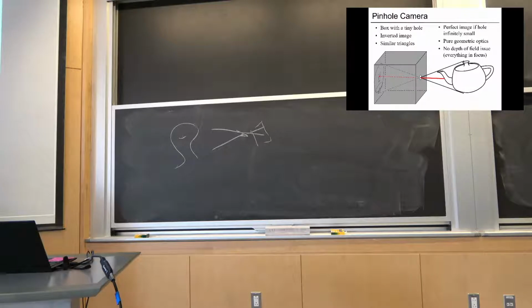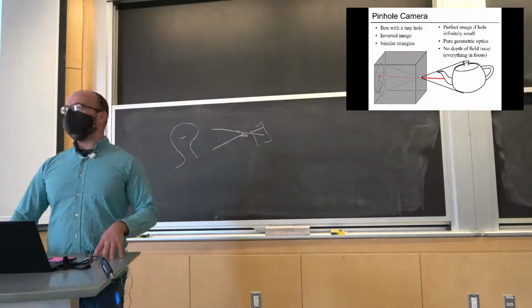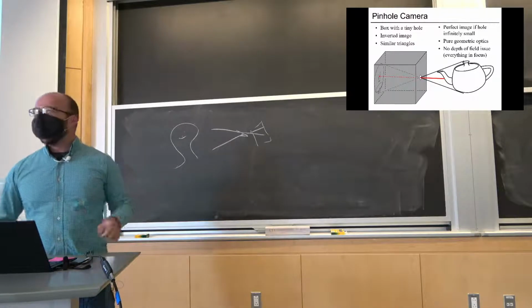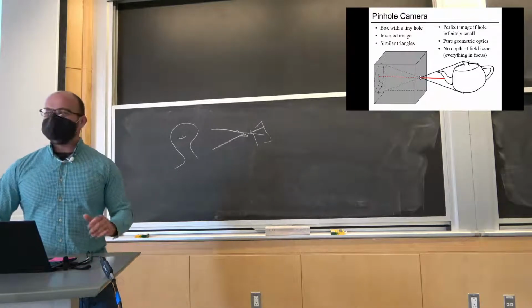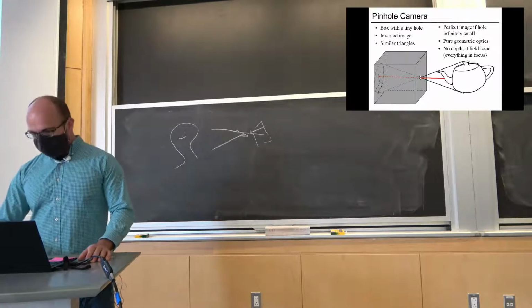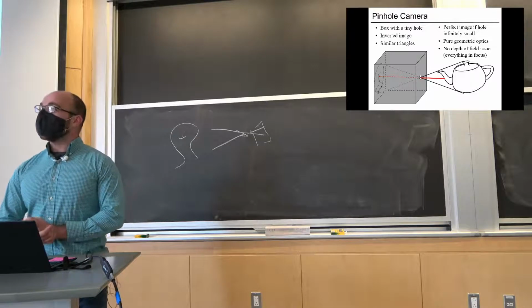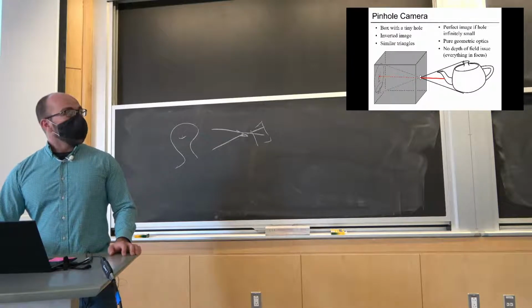So when I look at a pixel on the screen in the back, there are multiple paths through that aperture that it could have come from. That's what creates the depth of field effect that everybody wants on their iPhone. When you go into that object mode and the background becomes blurry, that effect cannot happen with the pinhole camera.